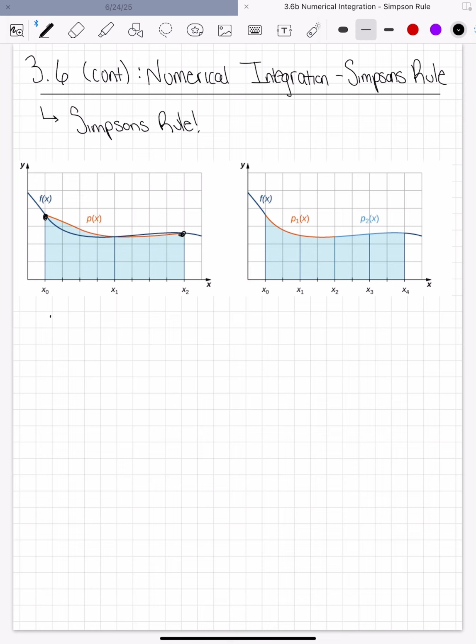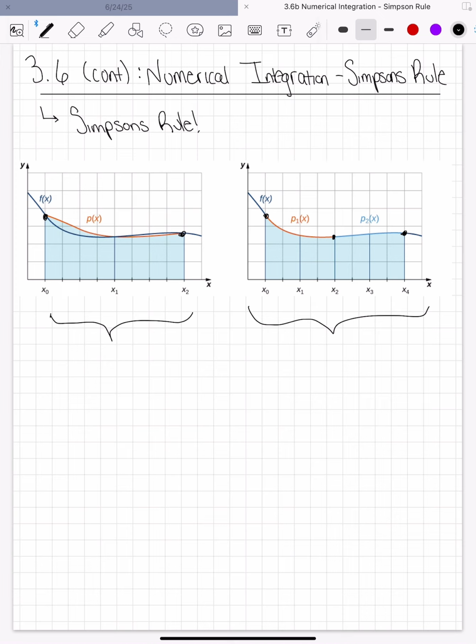So this is basically like a zoomed in image of this image on the right, and so then that first polynomial estimates that part of the curve, and then the second one estimates this part of the curve. So we're basically summing up the area under a bunch of tiny little polynomials.